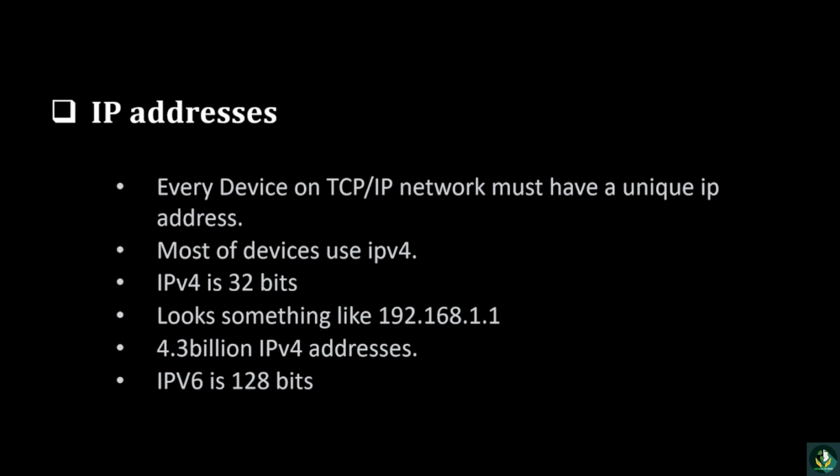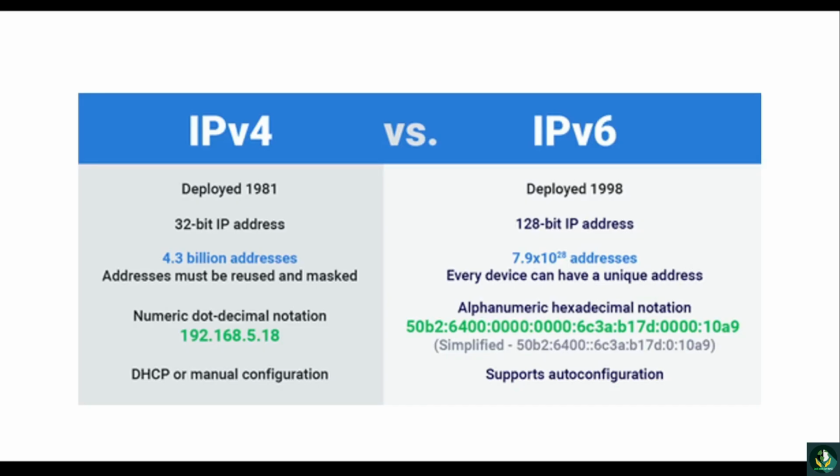Now, what's the difference between IPv4 and IPv6? IPv4 was deployed in 1981, whereas IPv6 was deployed in 1998. IPv4 is 32-bit, whereas IPv6 is 128-bit. In IPv4, the number of addresses is around 4.3 billion, and in IPv6 it is a far larger number, around 7.9 x 10^28 times more. In IPv4, addresses must be reused and masked, whereas in IPv6, because of the large number, every device can have a unique address.